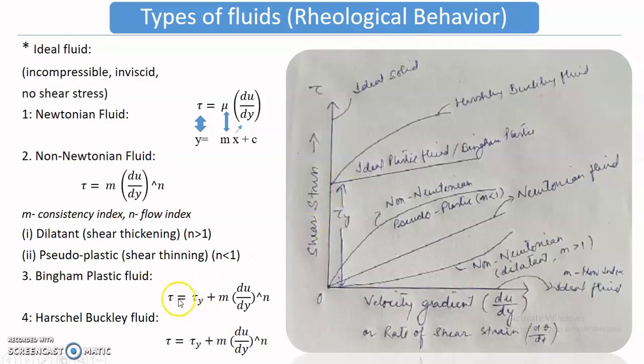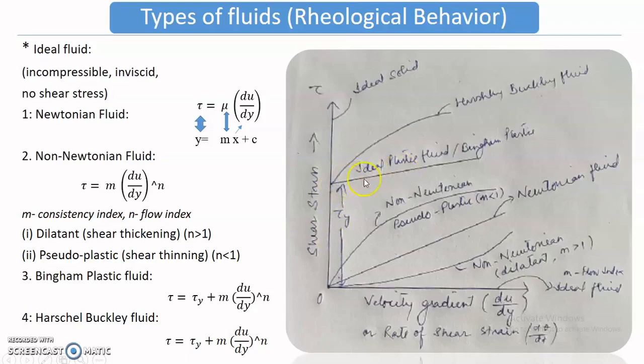The equation of a Bingham plastic fluid is given by this one: tau is equal to tau y plus m into (du by dy) to the power n. n and m remain the same, and this tau y is what I have just mentioned, the initial yield stress. If you look into the figure here, this is the initial yield stress required by such a type of fluid, and after it reaches this initial yield stress, it starts flowing.